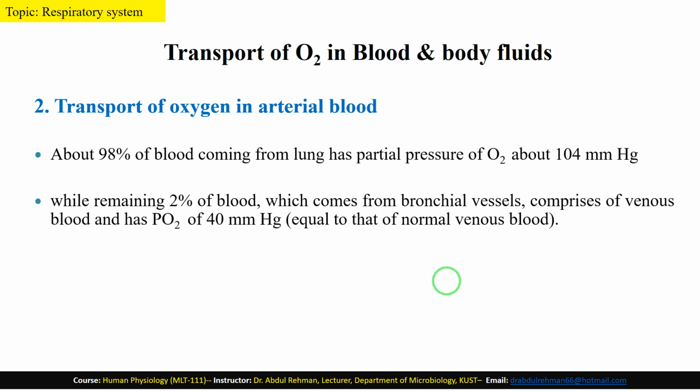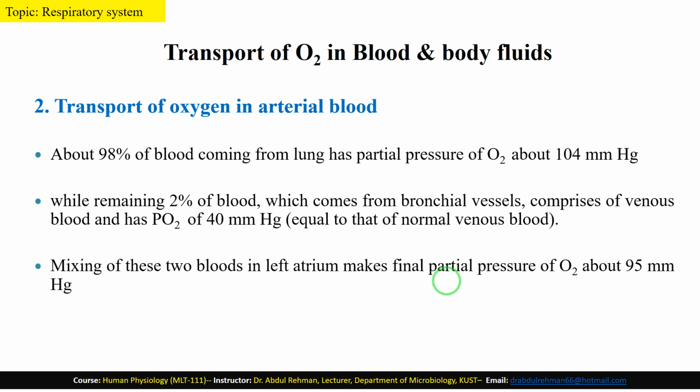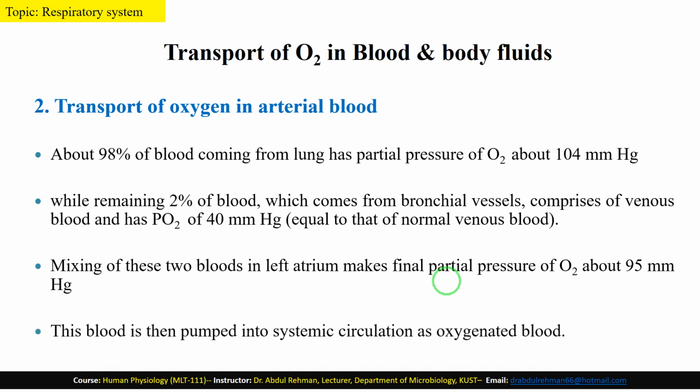When these two bloods come from the lung into the left atrium of the heart, they give a final partial pressure of about 95 mm Hg. This blood is pumped into the systemic circulation, including blood capillaries and arteries, as oxygenated blood.